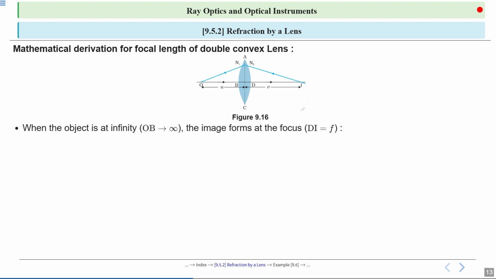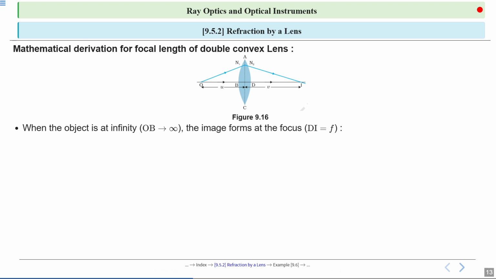If the object is at infinity, the image will be formed at focus. The ray coming from infinity will meet at focus after refraction. So DI will become the focal length.